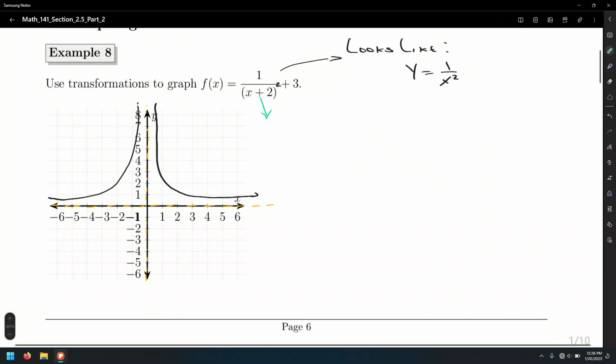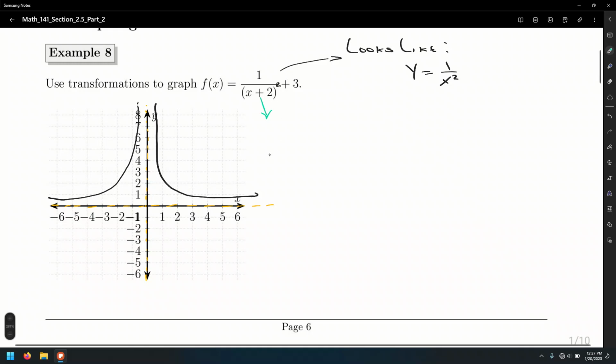So what would the plus 2 do in this case? Would that do a horizontal shift or a vertical shift? Horizontal shift. In which direction? It's 2 units, but in which direction? To the left. Recall that all the shiftings that you see inside parentheses, inside radicals, or as powers of exponential functions mean the opposite direction of the sign that you see.